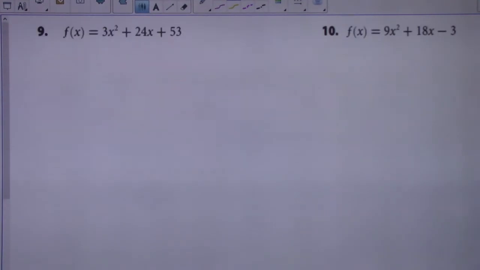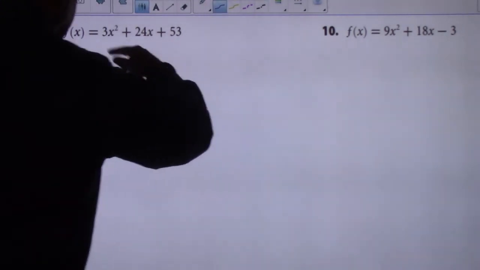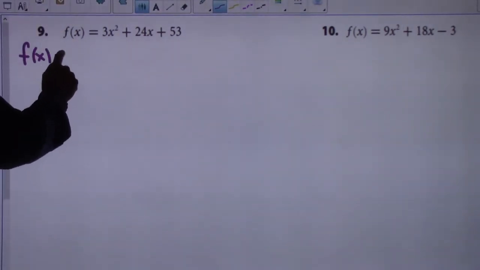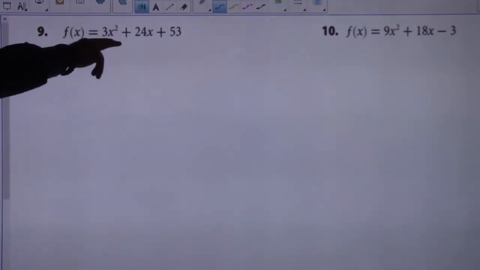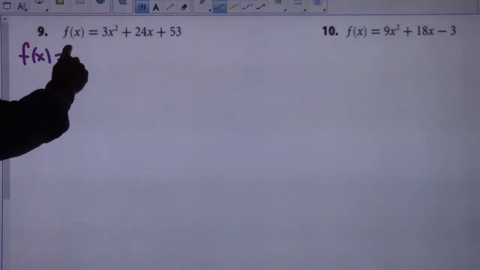So what I want to do is show you the little tweak on number 9, and then choose somebody to do number 10, and then number 11. It's the same principle, but here we don't have x squared, we have 3x squared. So what do we have to do just to get this to plain x squared? We take the 3 here.